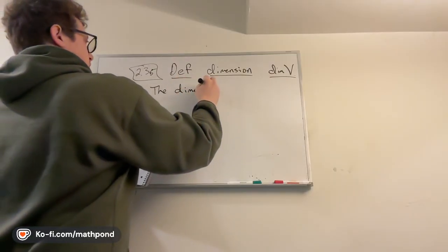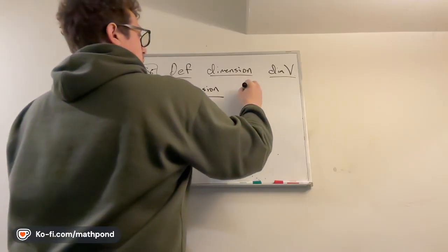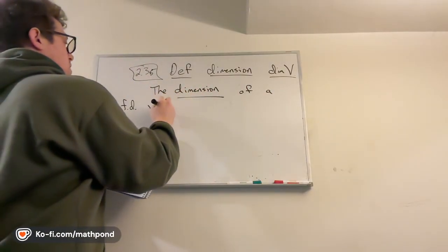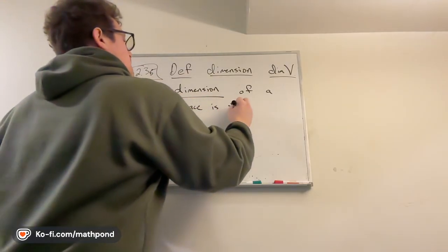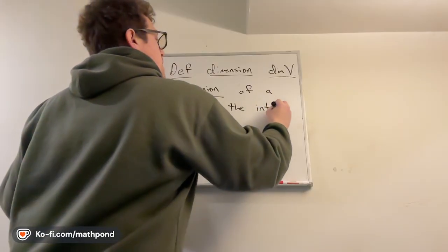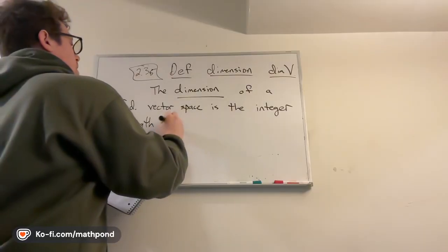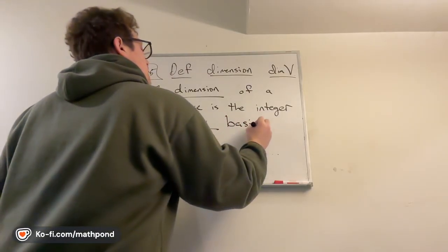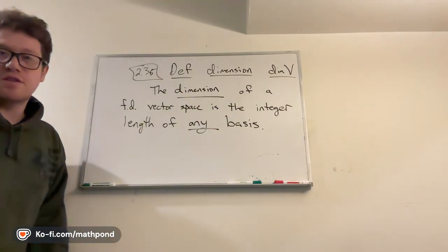So the dimension of a finite dimensional vector space is the integer length of any basis. And we just showed that it doesn't matter which basis I pick, this number is unique.